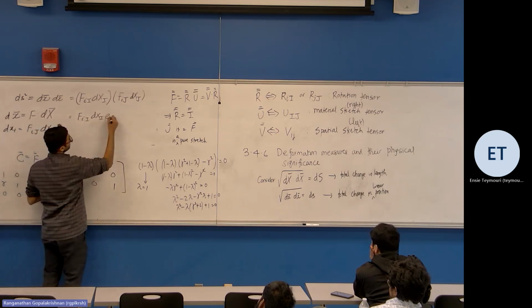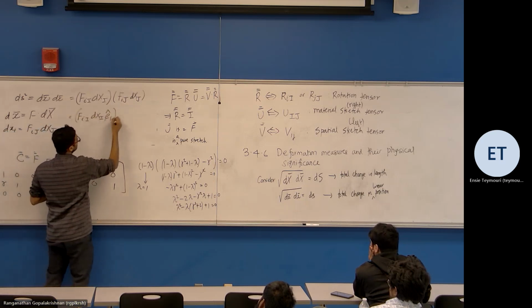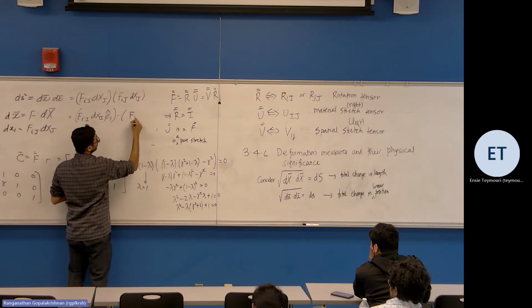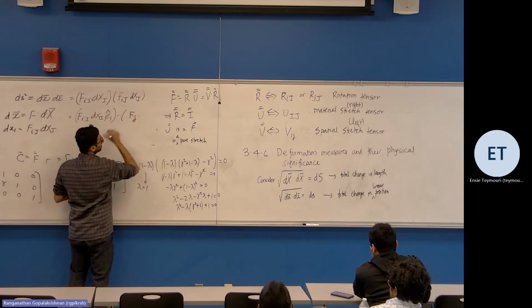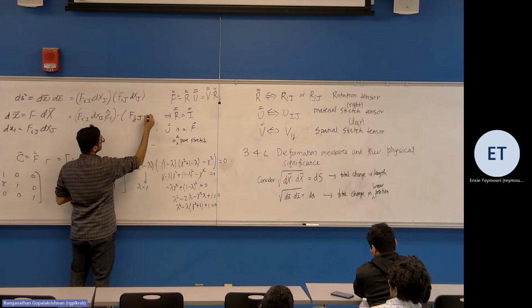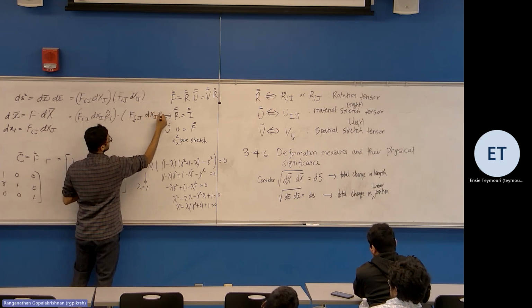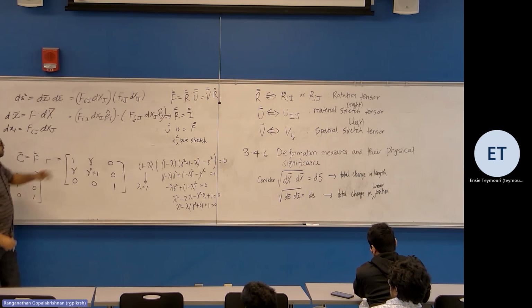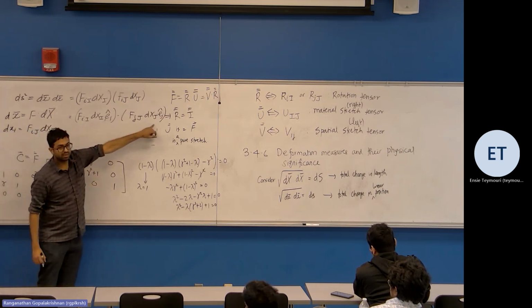So this is like writing e_i dot F_iI dXI, and then F_jJ dXJ e_j. The reason I use I here and J here is that this quantity is a sum, it's not a single quantity.